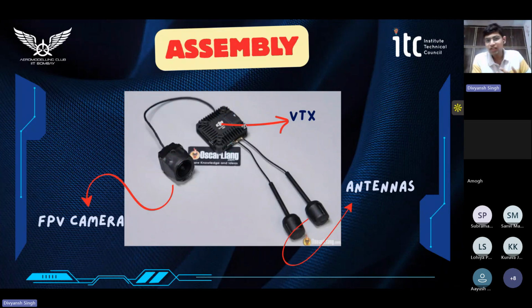The role of the video transmitter is that it converts the video signal into radio signals, and through the use of the antennas, it transmits the radio signal back to your ground station. So the video transmitter converts it into radio signals, and using the antenna it transmits it, and you can see the video your drone is capturing in your ground station.